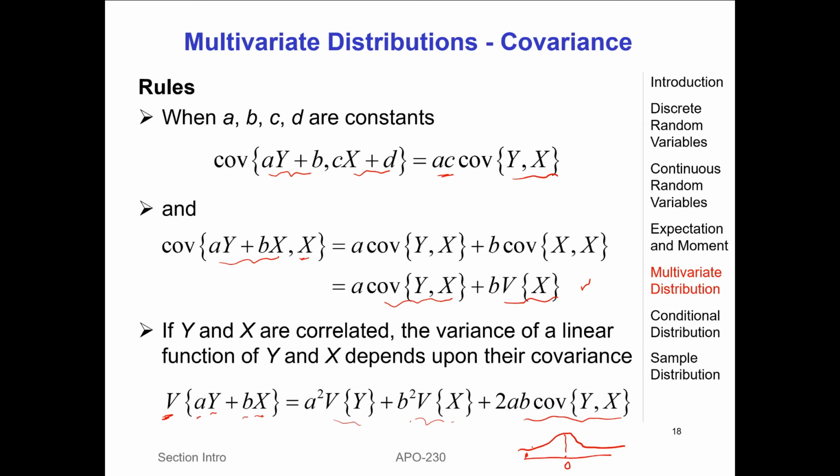Therefore, we want to reduce the risk, that is, reduce the variance of this portfolio. Usually they will try to find assets that are negatively correlated, meaning the covariance of X and Y is negative. Because its term is negative and the first two terms are positive, that will reduce the variance of the returns probability distribution.